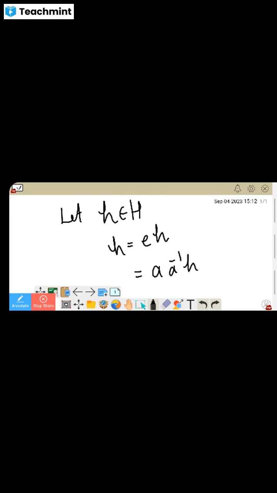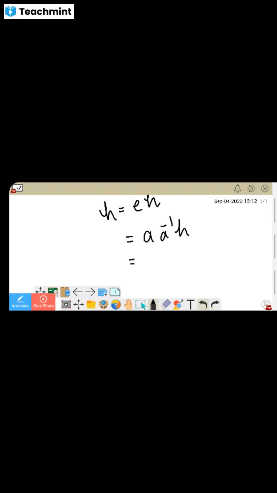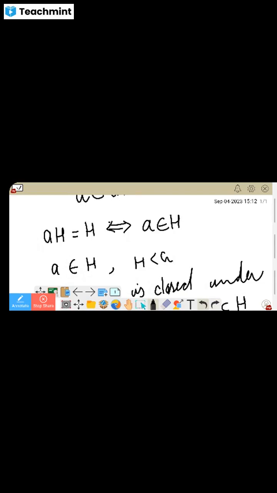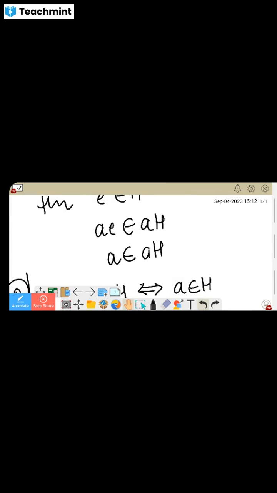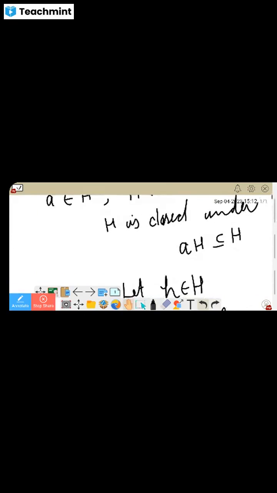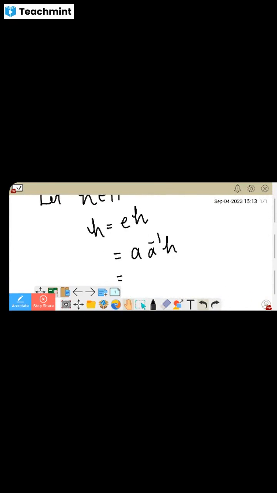According to this rule, this one we have already done. According to this, we can take an element or its inverse together.